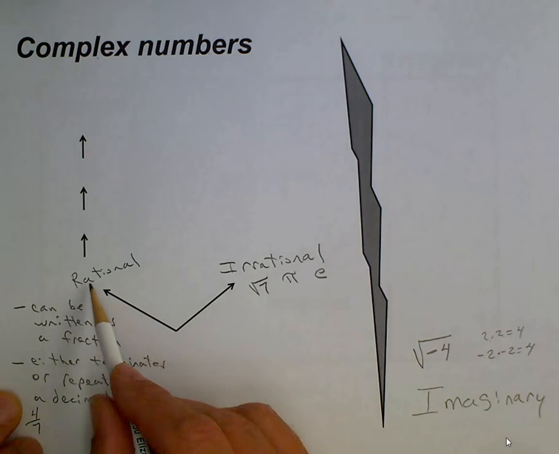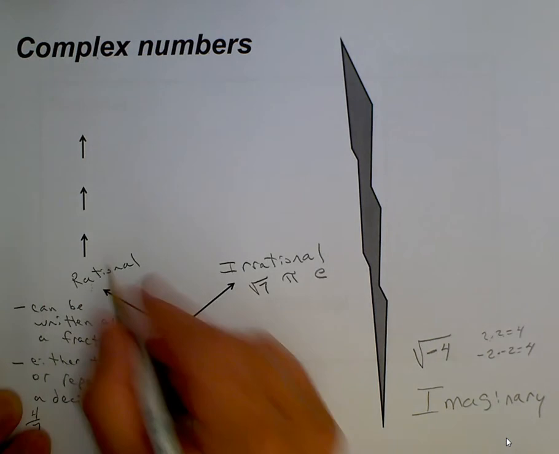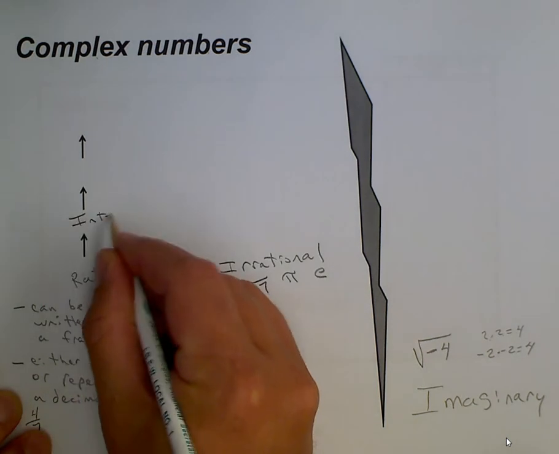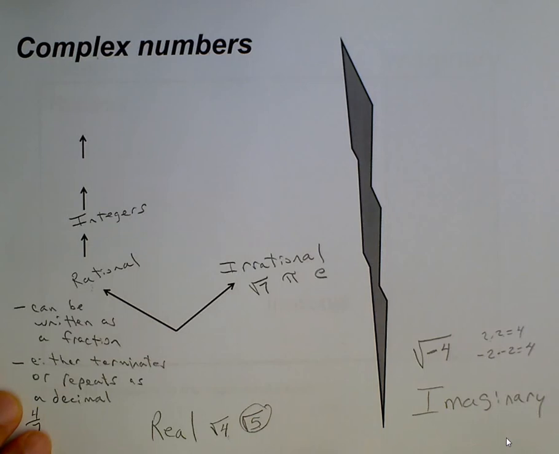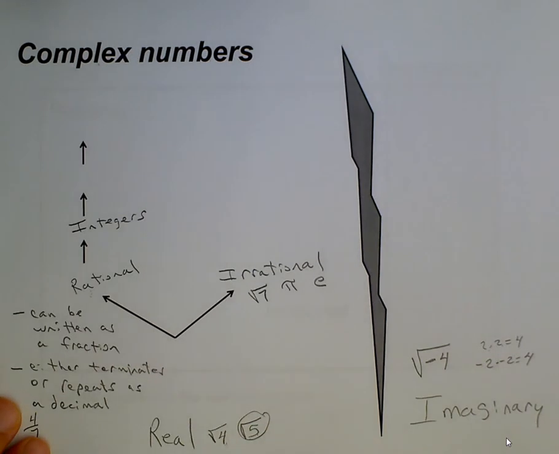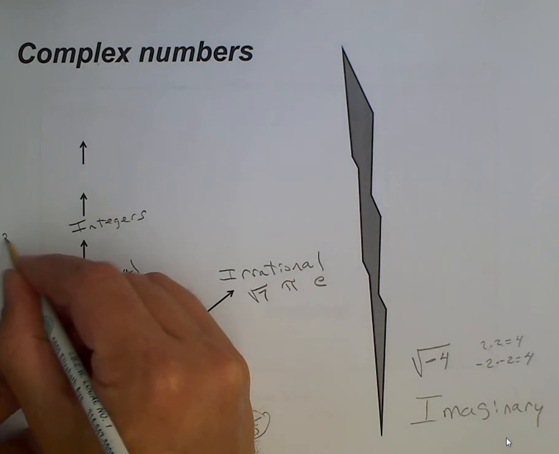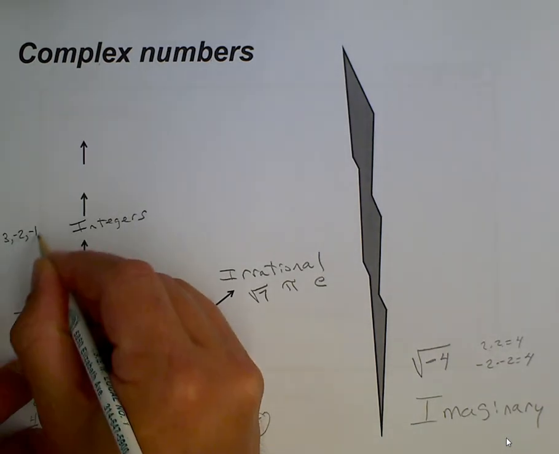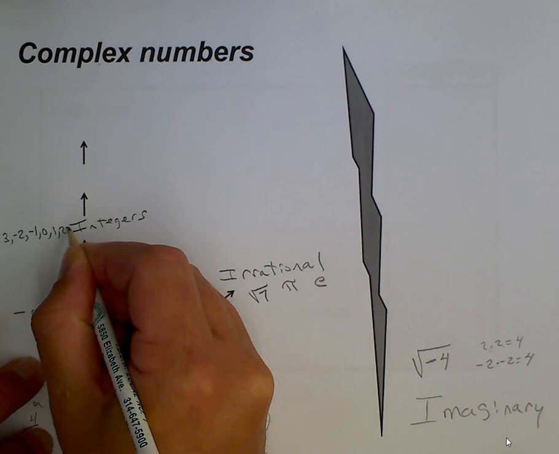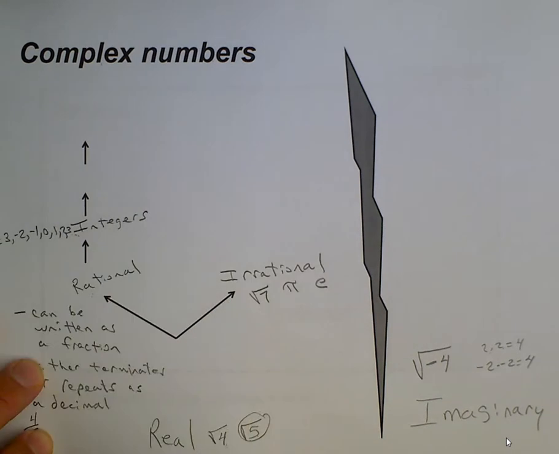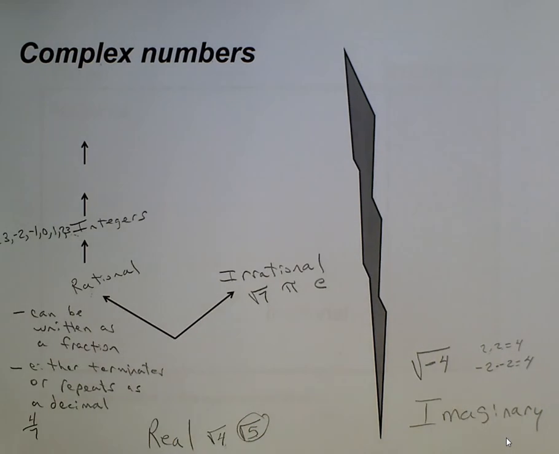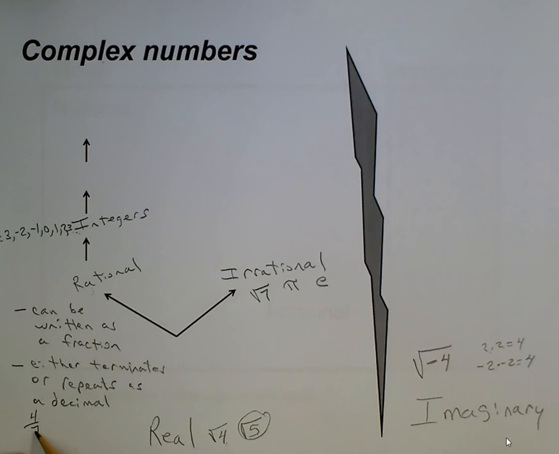If we have rational numbers, those get broken down into the integers. So the integers are, we throw away all the things that don't look like this: -3, -2, etc. in each direction. So in other words, we get rid of the things that look like 4 sevenths, or 5 eighths, or 0.23, or 9.3.